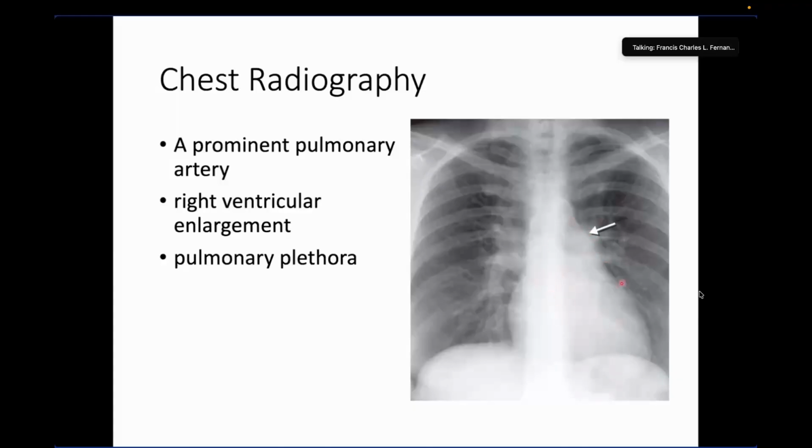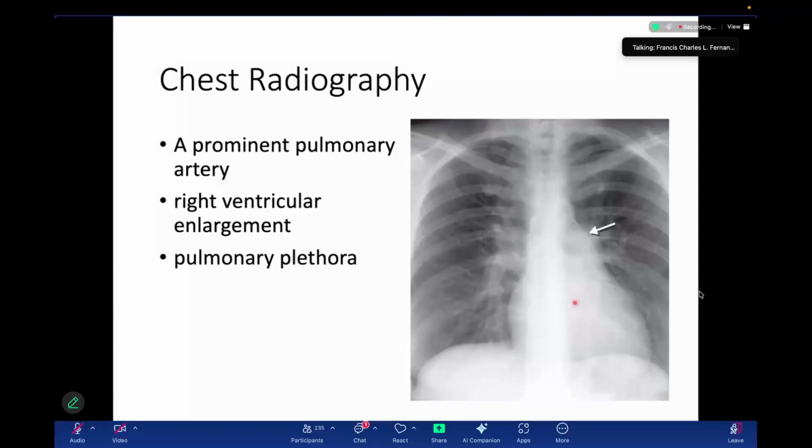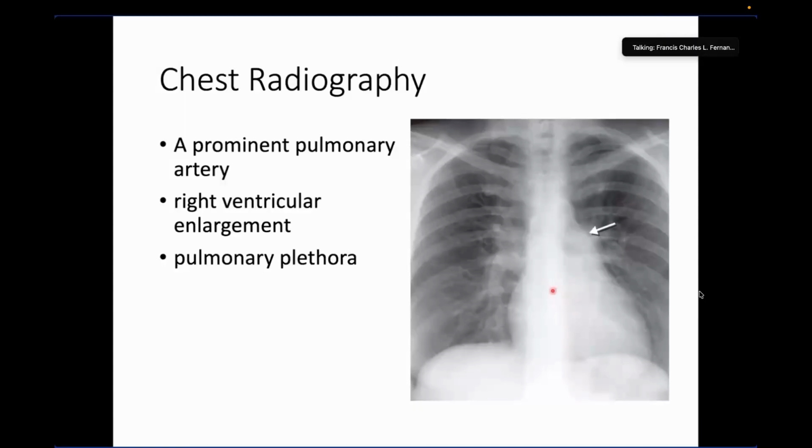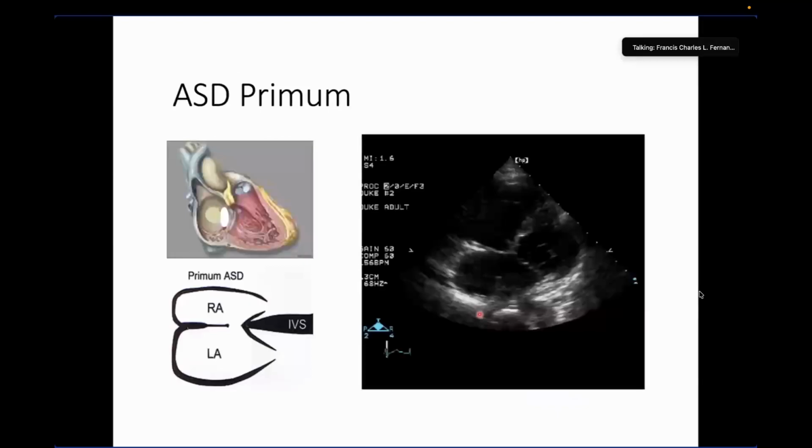A better view for chest radiography shall be the lateral film, because you can see the RV and the sternal border. Obliteration of the retrosternal space will mean right ventricular enlargement. And pulmonary plethora, ibig sabihin yung vascular markings that have increased in the lungs.